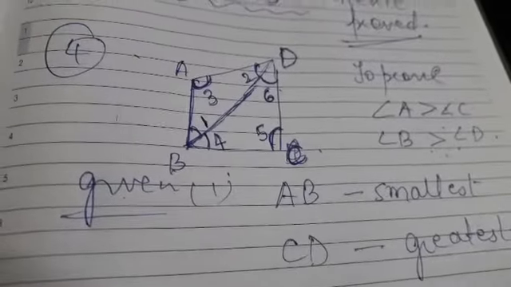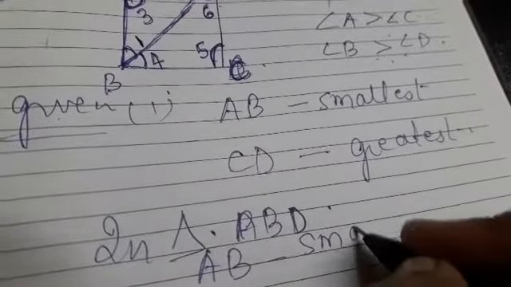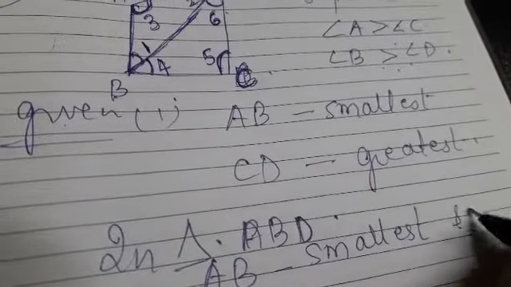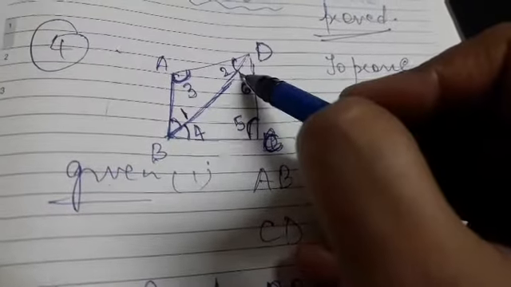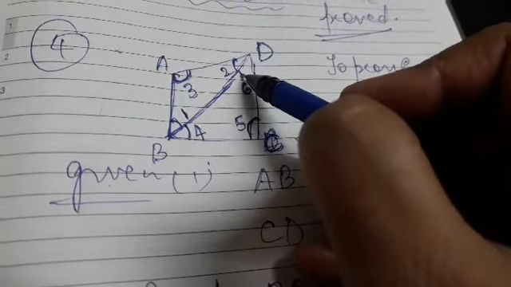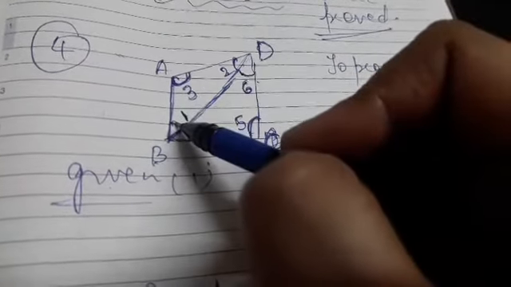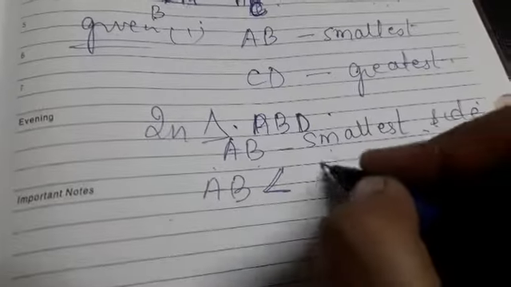So in triangle ABD, AB is the smallest side, so I will write AB is less than AD.